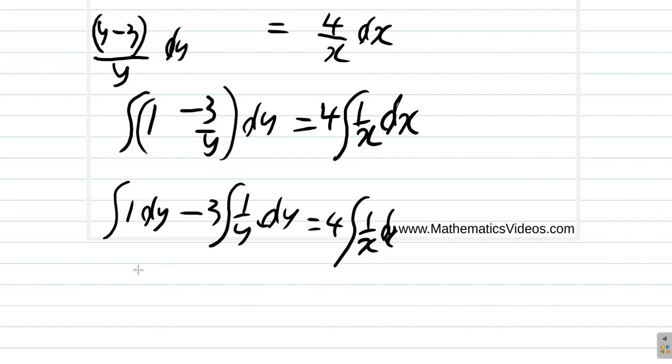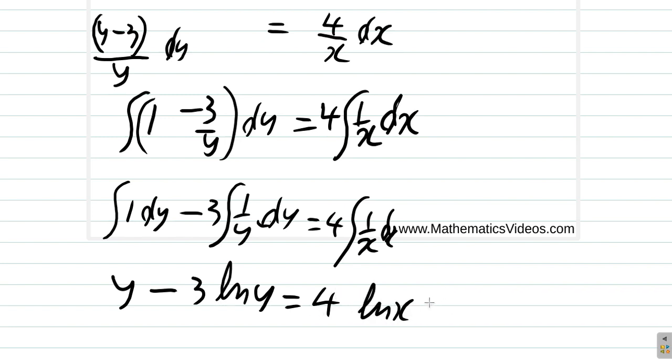Alright, we'll do that. So this becomes y, right? Integral of 1 dy is y, minus 3 integral of 1 over y dy is ln y, equals 4 times the integral of 1 over x dx, which is ln x, and then plus c.